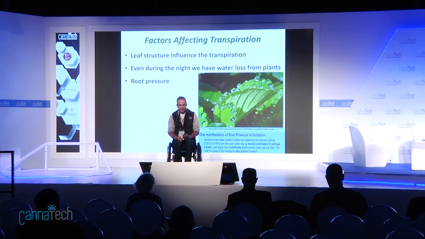And you can see the small water drops on the top of the leaf. This is a very important process for the plant. During the night especially, the plant makes osmotic adjustment in the root system.